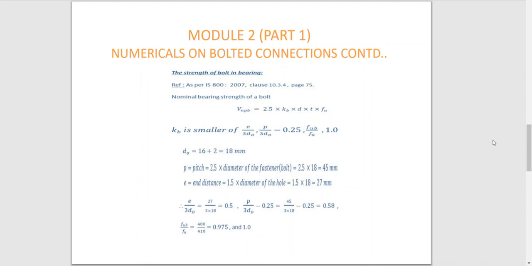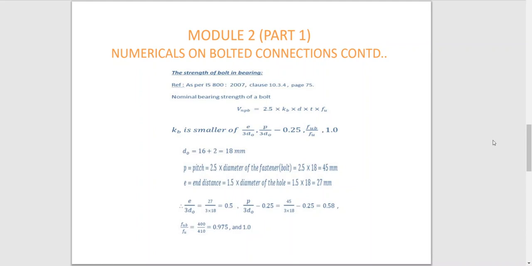Referring to the code book, d naught, that is the diameter of the hole, equals the diameter of the bolt, 16, plus 2 mm for clearance. So d naught is equal to 18 mm.